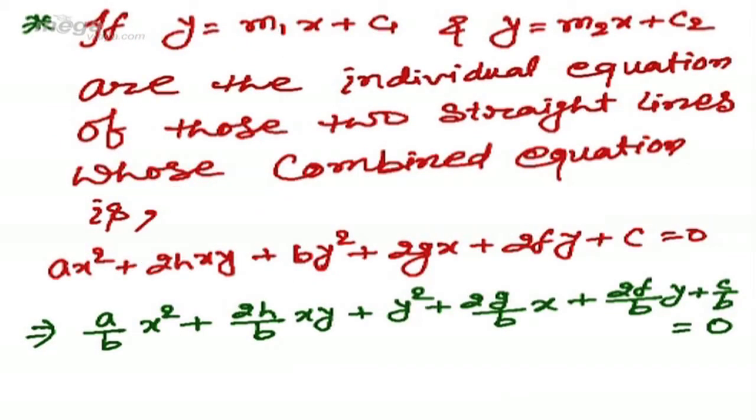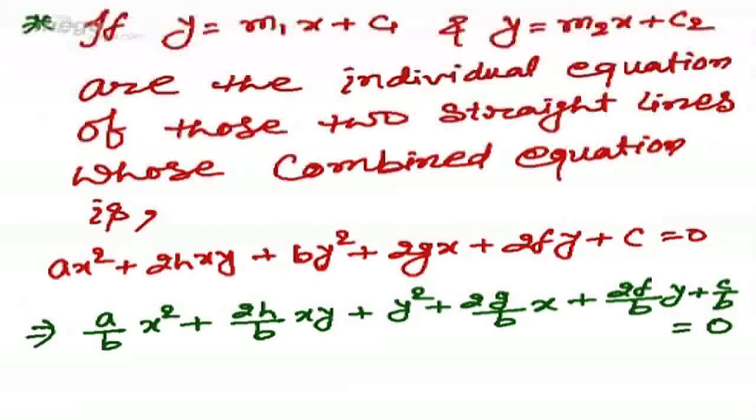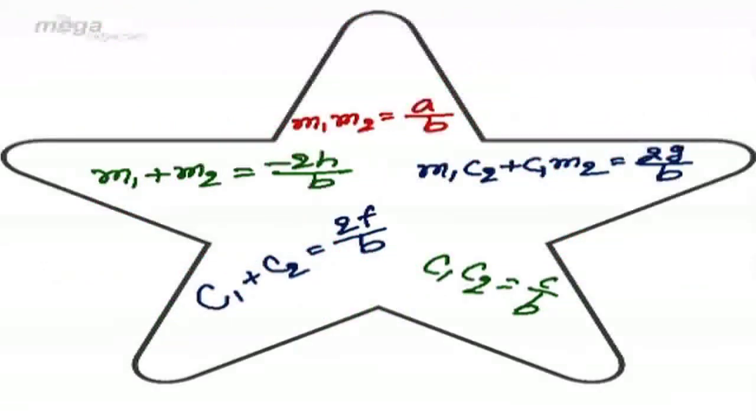After comparing these two equations, the like terms, that is the coefficient of x square, which is m1 m2 in one and a by b in the other, we finally get m1 m2 equal to a upon b, m1 plus m2 equal to minus 2h upon b, m1 c2 plus c1 m2 equal to 2g upon b, c1 plus c2 equal to 2f upon b, c1 into c2 equal to c upon b.